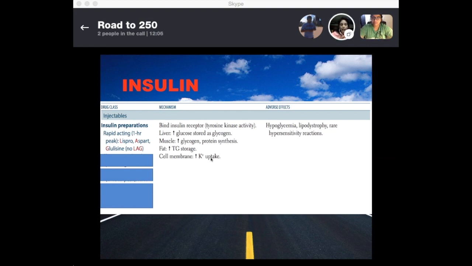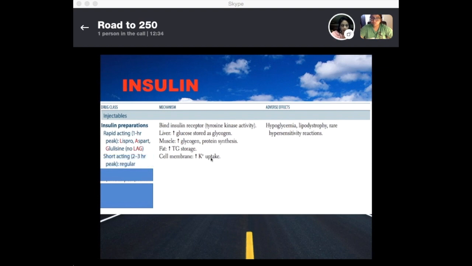The rapid acting insulins are monomeric insulins, and they do not polymerize into hexamers like regular insulin does. This allows them to be rapidly absorbed into our body, hence why it starts working in 15 minutes and peaks within 45 to 75 minutes.